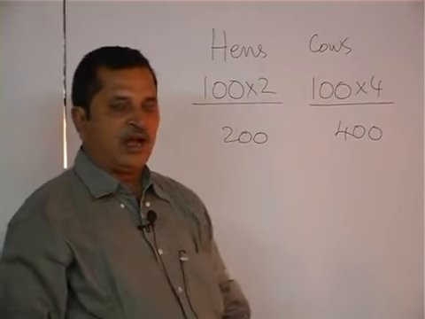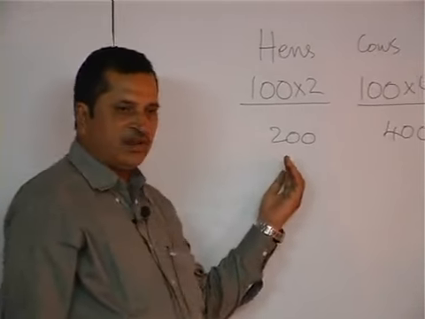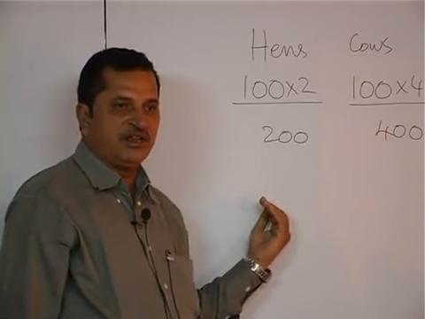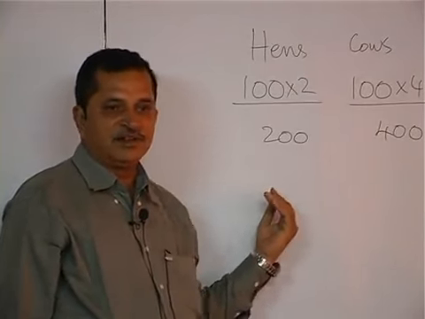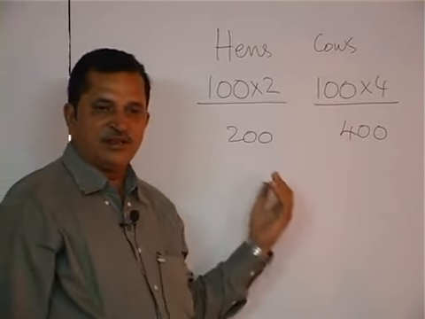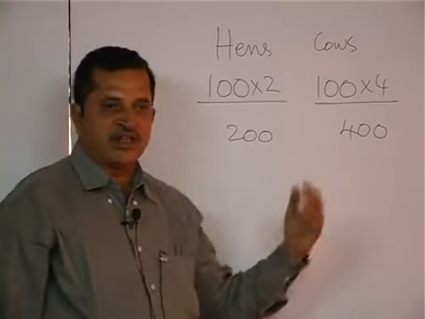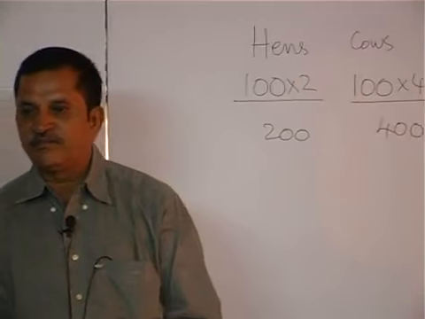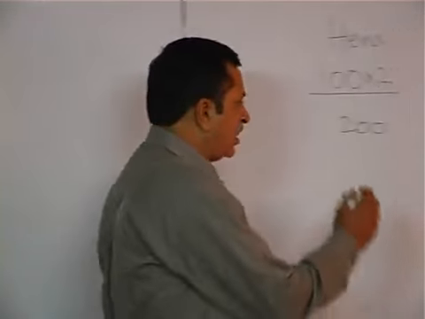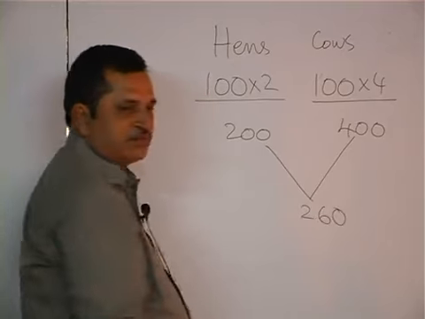So, under any circumstances, the number of legs will not come lesser than 200, unless any hen is physically handicapped. It is not mentioned, so thinking all the hens and cows are healthy, the minimum number of legs should be 200 and the maximum should not exceed 400. But when they are mixed, the count of legs put together is 260, he said.